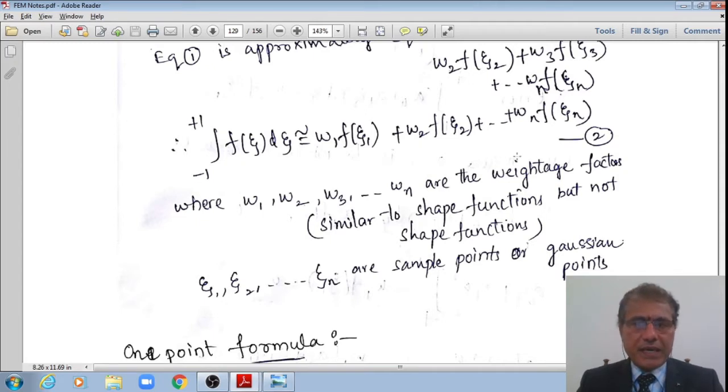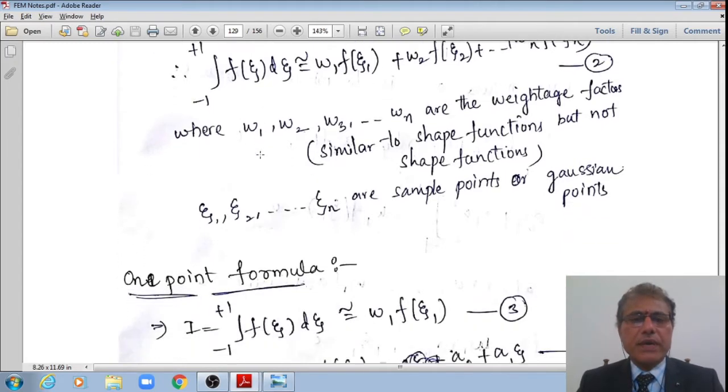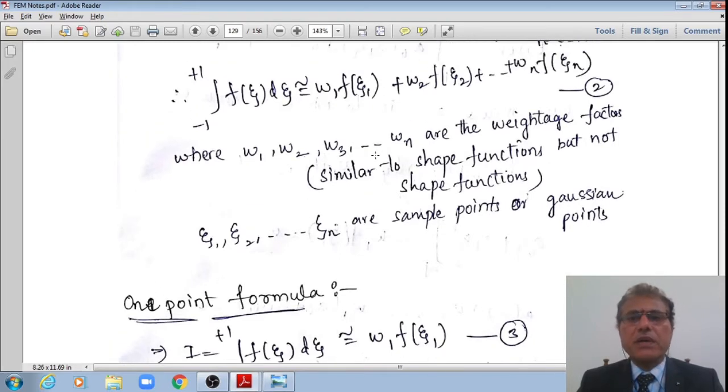Therefore, that is w1 f(ξ1) plus w2 f(ξ2), and so on and so forth, up to wn f(ξn). Let it be equation 2, students, where w1, w2, up to wn are the weightage factors or weighting functions, which are similar to shape functions, but these are not shape functions, students.